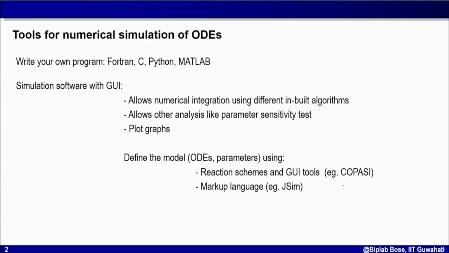For example, with Copasi, you can define a reaction just like A plus B reacting to give rise to C, like this. Whereas for JSim that we will learn, we will have to define the model in a specific manner, using a specific language that JSim will understand.